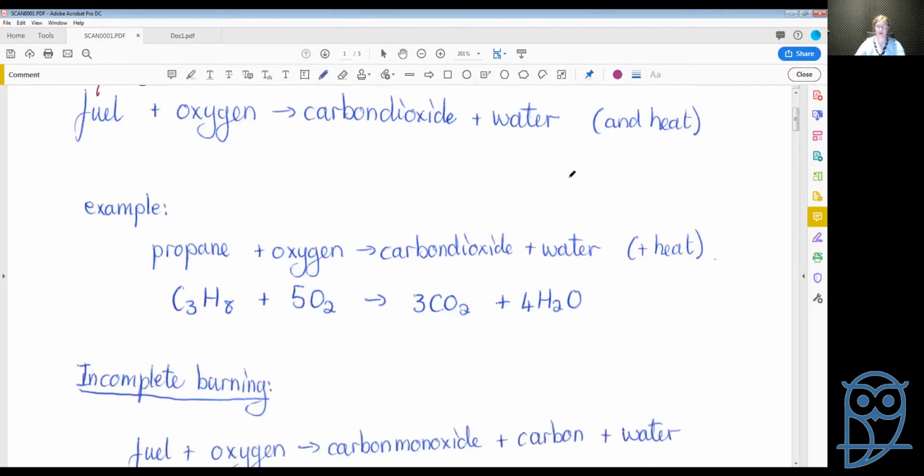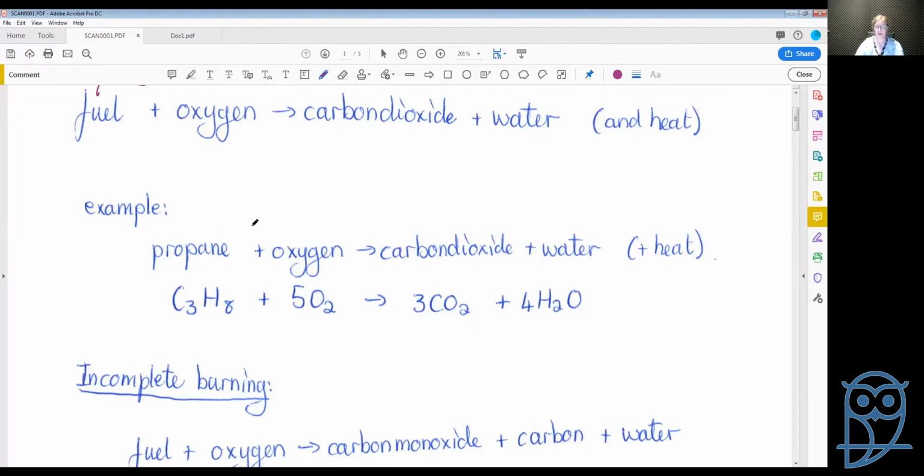Oxygen gives us carbon dioxide and water. So here's an example. If we have propane, this is the kind of gas that we get in gas cylinders that we can use to have barbecues or all sorts of things like that. That sort of gas that we get in those tanks. In general, it tends to be propane.